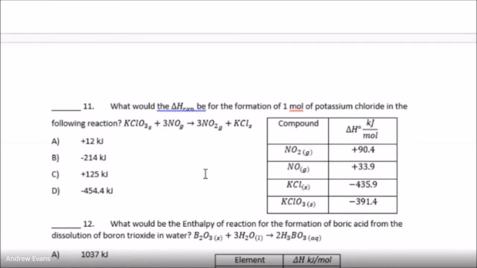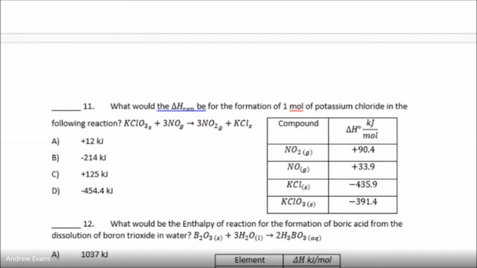We have to sum up all of our products and sum up all of our reactants and subtract the two. So I'm going to write them down: negative 435.9, positive 90.4, positive 33.9, and negative 391.4. Okay.